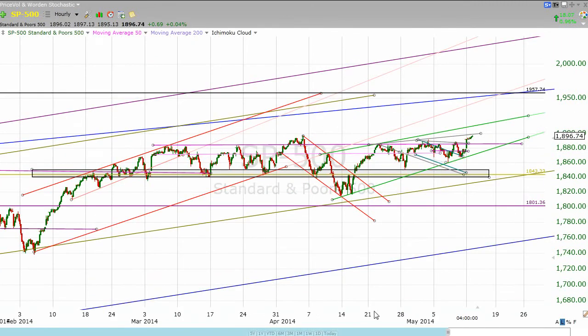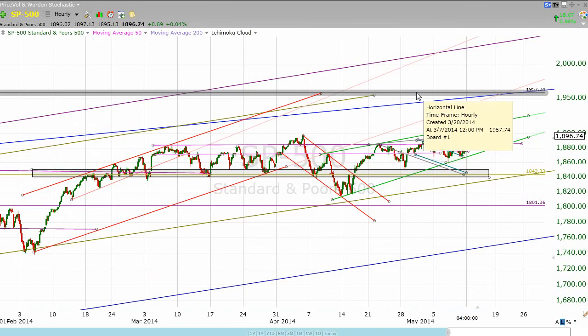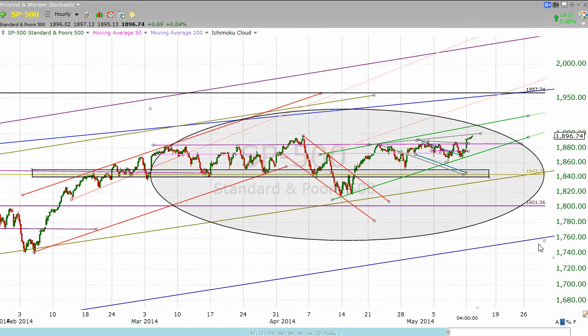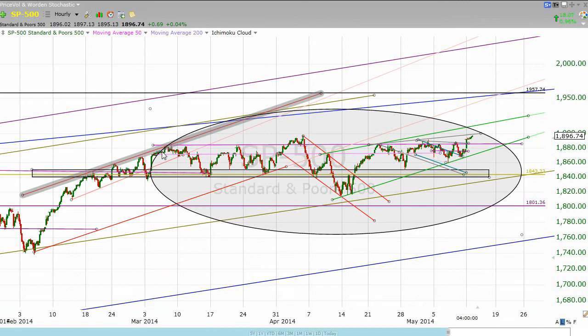I know hopes aren't that good, but it's my hope that we still meet our 1957-ish target that is based upon, if this ends up being an inverted head and shoulders pattern, everything that we've seen for the past 10 weeks or so: left shoulder, head, right shoulder. It would be what is known as a complex head and shoulders, because it has multiple shoulders.